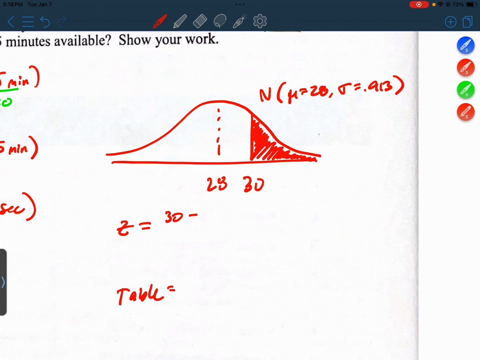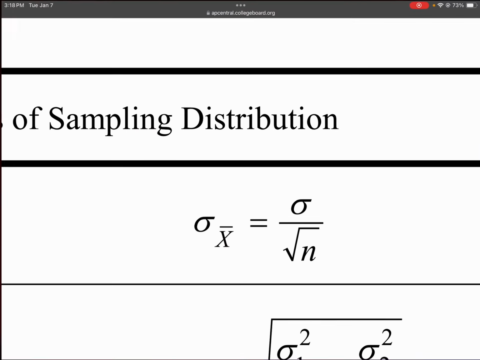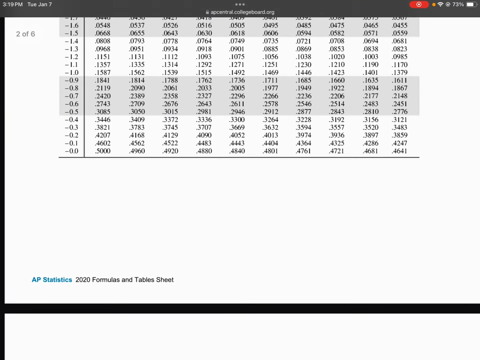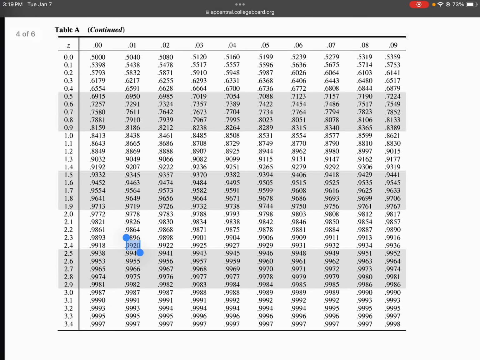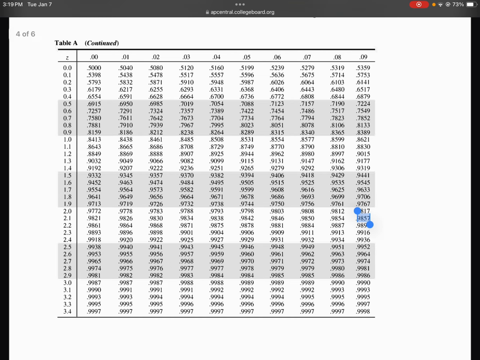All right, so boundary value minus the mean divided by the standard deviation. 30 minus 28 divided by 0.913. It's about 2.19. All right, 2.19 is all the way over here.